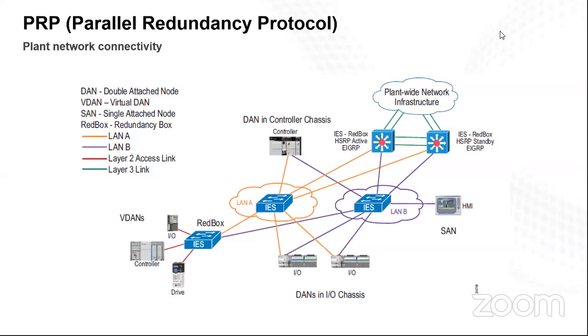I won't go into the details of that. Some of the bits and bytes are explained in the manuals, but they do support jumbo frame sizes. Again, I'm not an inherent network expert, so I won't go into that. The important part is we do support connectivity to plant-wide infrastructure.